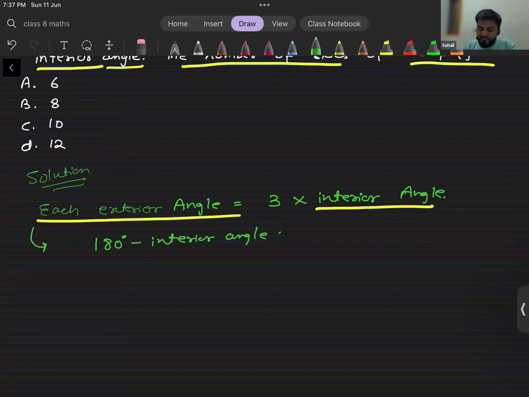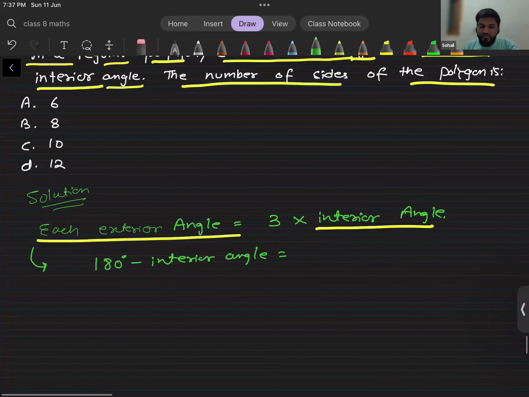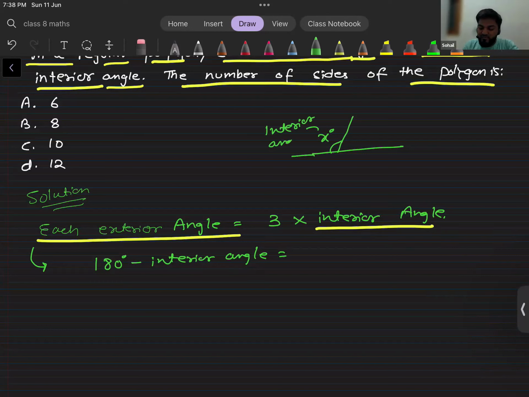Let's assume that the interior angle of the given polygon is x degrees. This is your interior angle, and the exterior angle can be written as 180 degrees minus x.